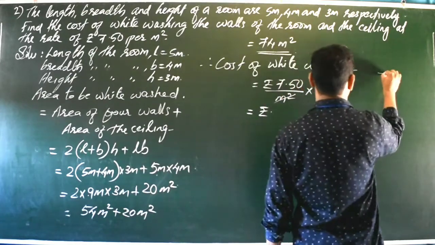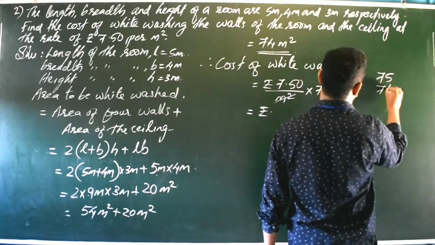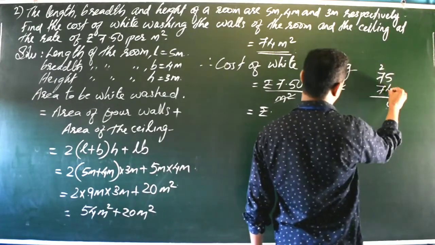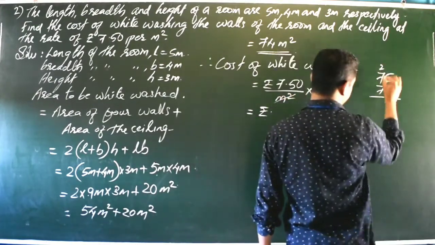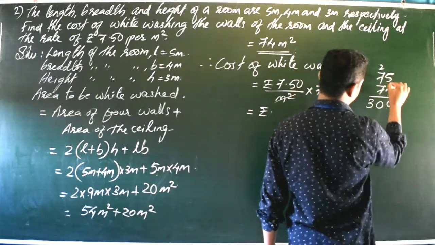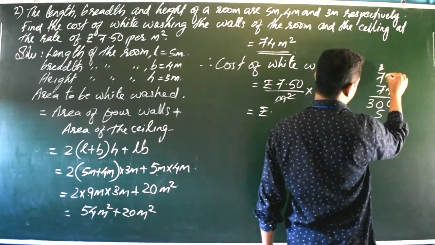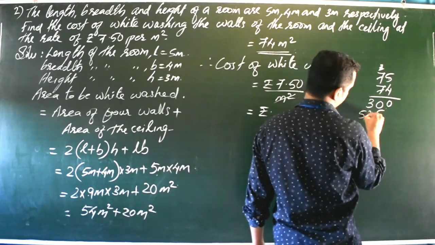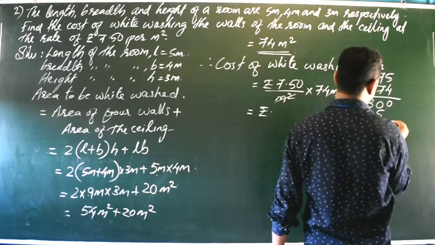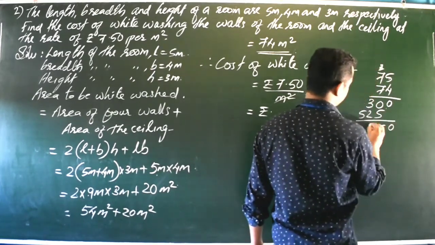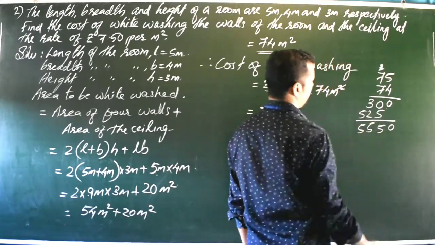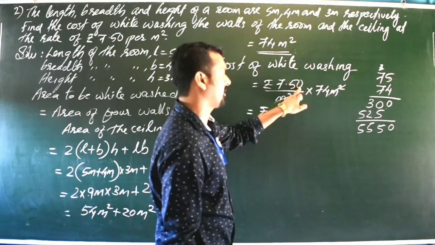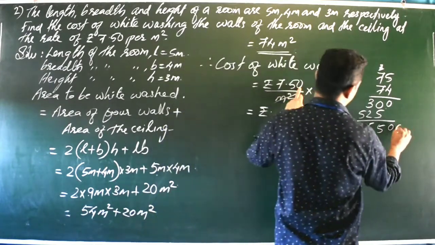7.50 into 74. I am going to multiply 75 into 74. 5 fours are 20, 0, remainder 2. 7 fours are 28 plus 2, 30. 7 fives are 35, 5, remainder 3. 7 sevens are 49 plus 3, that is 52. Then that is equal to 0, 5, 3 plus 2, 5, 5. 75 only I have multiplied, so this 10 we have to put there in the answer.